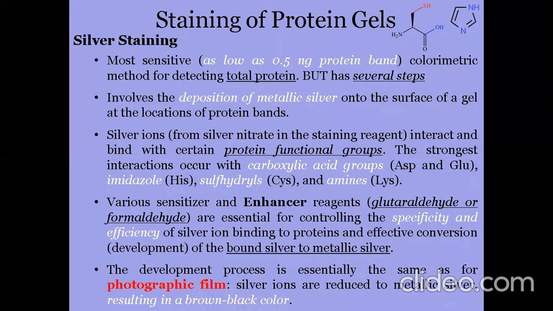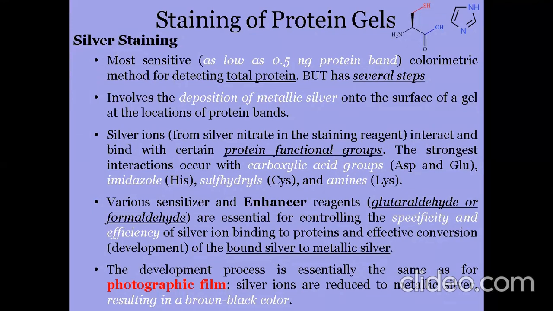Silver ions from the nitrates bind to the functional groups of the proteins, for example, the carboxyl acid groups from amino acids like aspartic and glutamic acid.